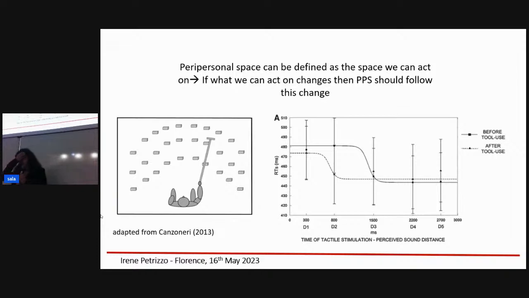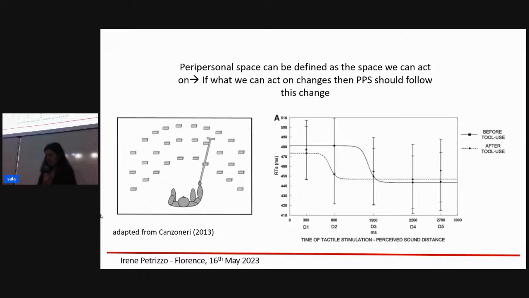So in an experiment in 2013, they had participants perform a training in which they had to use a tool to bring objects closer to them, from the extrapersonal space to the peripersonal space, for a very short time, like 10 minutes. And what they did was measuring with this audio-tactile detection task how big was their peripersonal space before and after the training.